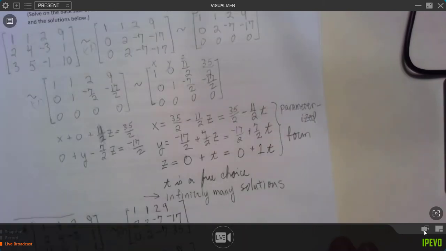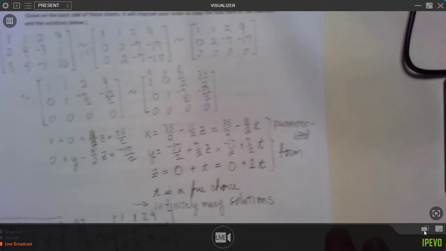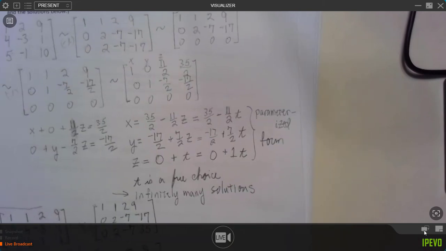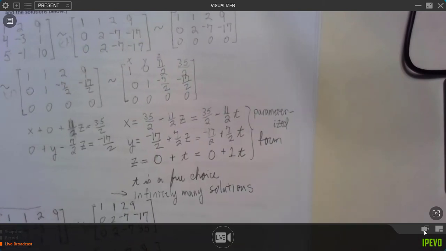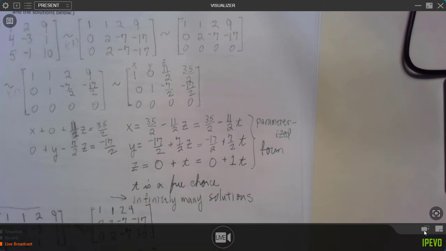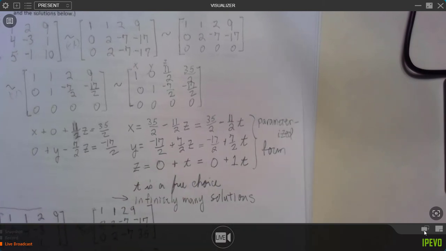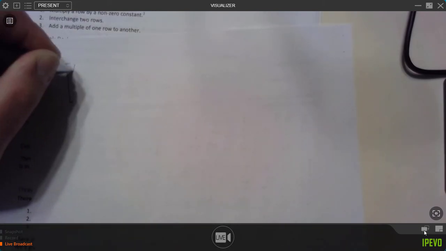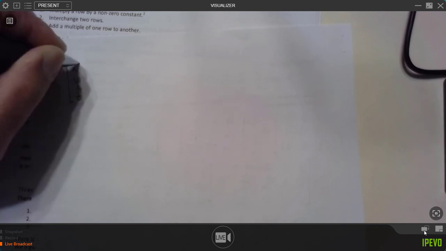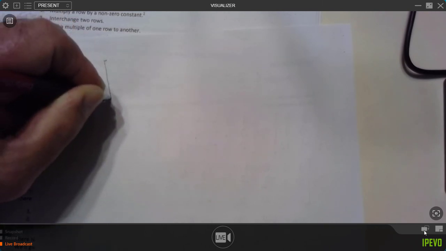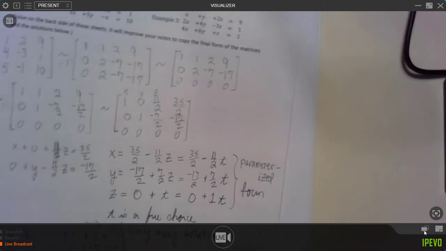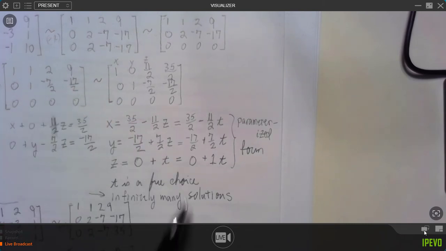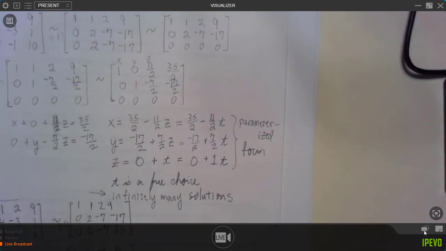That's what you'd expect. On the second page, however, we have this form, and I never really got to the punchline there. So let me write the vector solution of this. We have xyz again, of course. So I'm just going to flip over. xyz is equal to, and the reason that I was so careful to keep the constants here and then the multiples of t here, is that it allows us to translate this directly to a vector format.